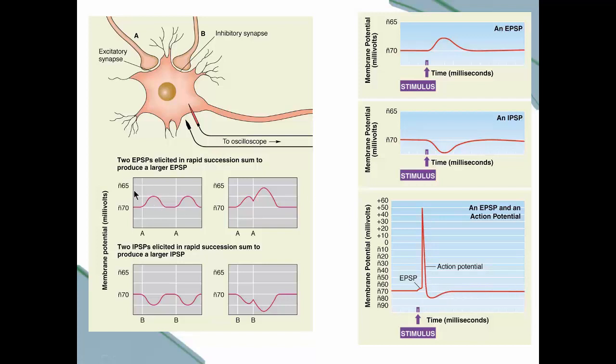So it goes back to baseline until we have enough energy to say, okay, go ahead and fire. And this is replicated in our nervous system right now as you sit there and listen, or as I'm talking, billions and billions of times per second.